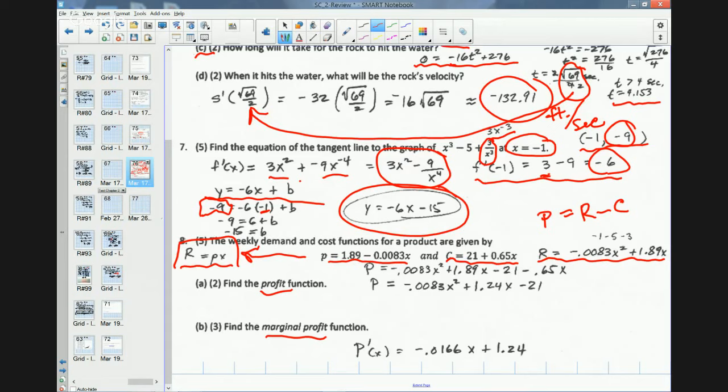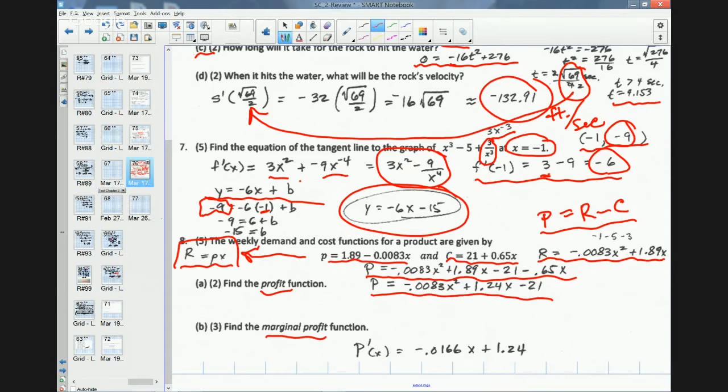If you take x times 1.89, you get 1.89x, and if you take x times negative 0.0083x, you get negative 0.0083x squared. Now I can subtract the cost from the revenue. Finally, we have the profit. I gathered the like terms, and here's the simpler version right here.